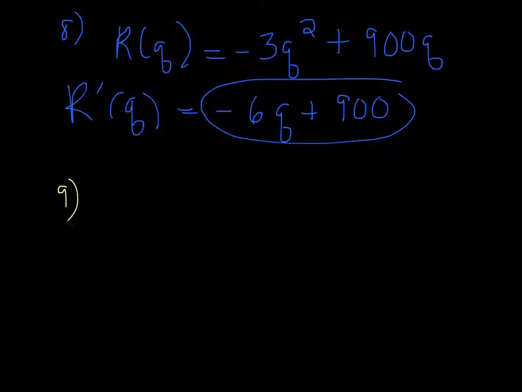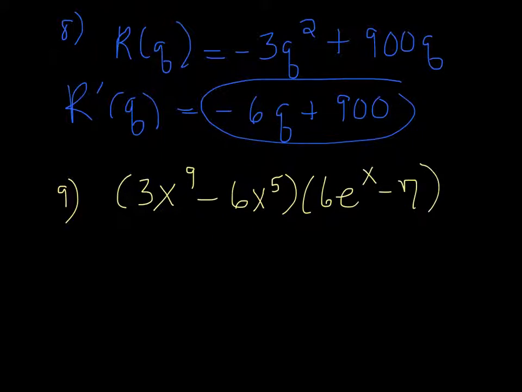Number 9, we're using the product rule. So we have 3x to the 9th minus 6x to the 5th times 6e to the x minus 7. Derivative of the first would be 27x to the 8th minus 30x to the 4th.